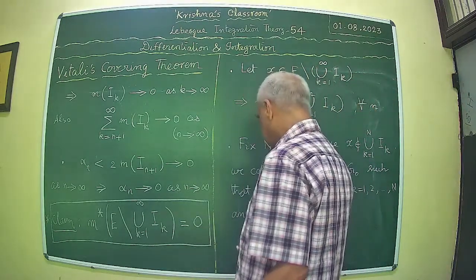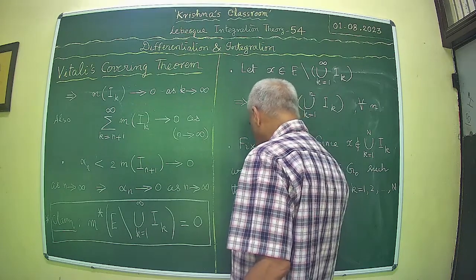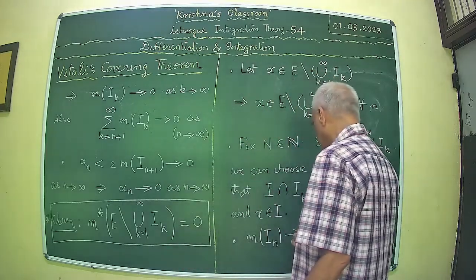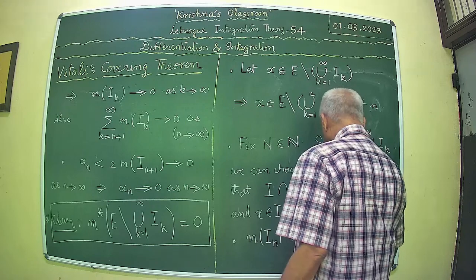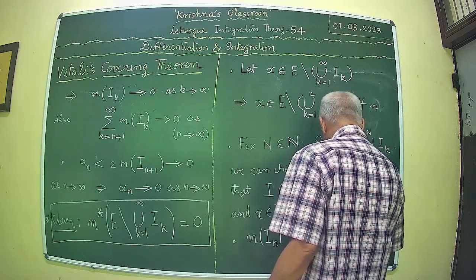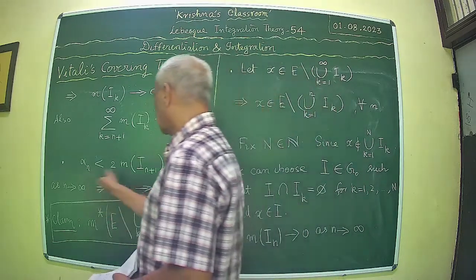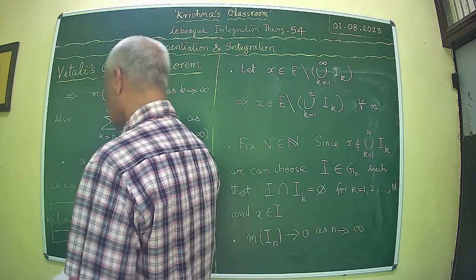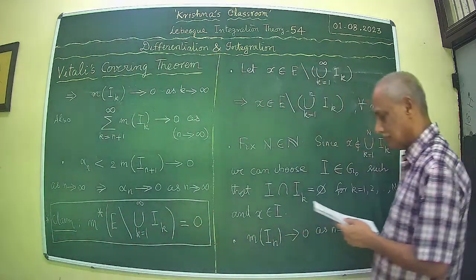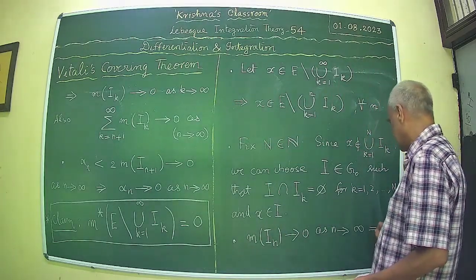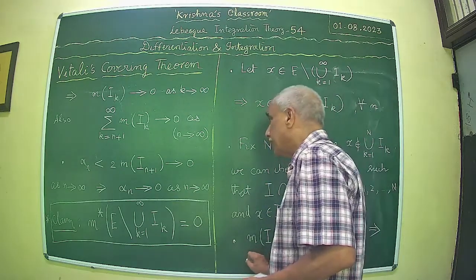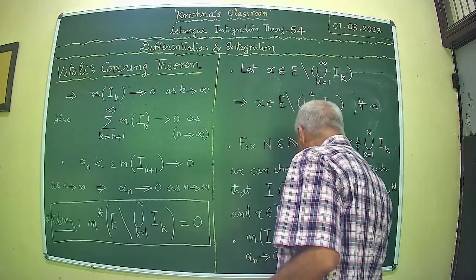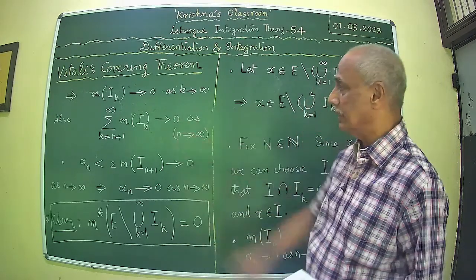Now you see that measure of I_n goes to 0 as n tends to infinity. Why is it so? Because you have got this relationship. Alpha n is less than this, and this goes to 0. Right? And this implies alpha n goes to 0, as we have already observed in an earlier step.